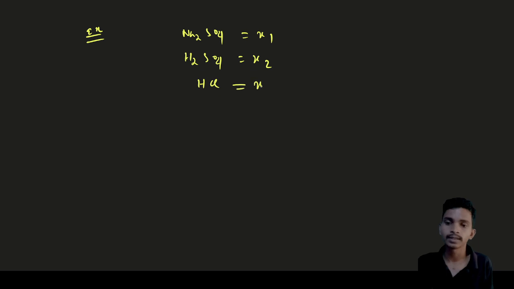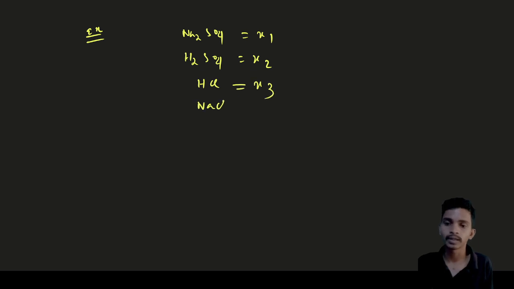Similarly, if you take another example, like Na2SO4, let's say its value is x1, and H2SO4, let's say its value is x2, and HCl, let's say this value is x3.